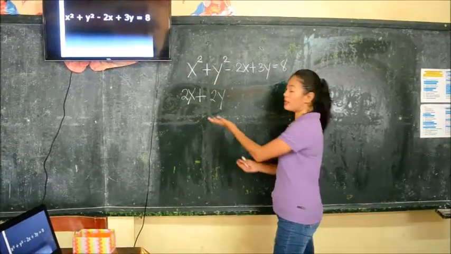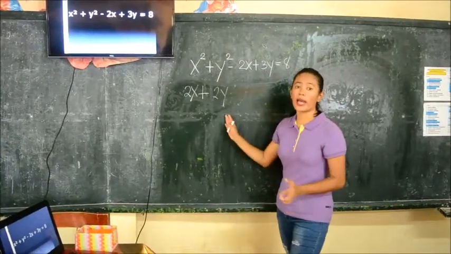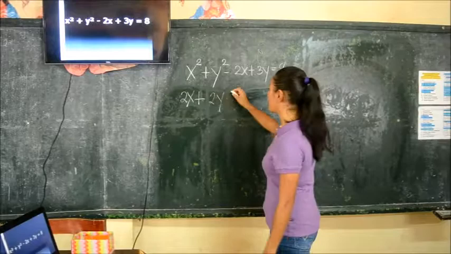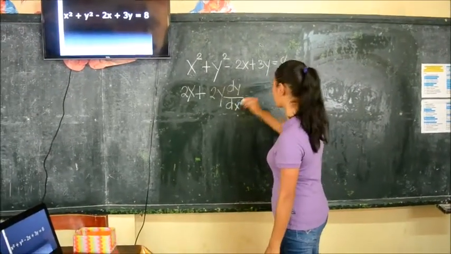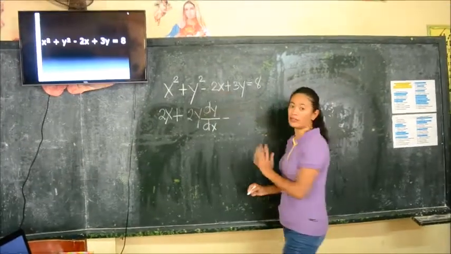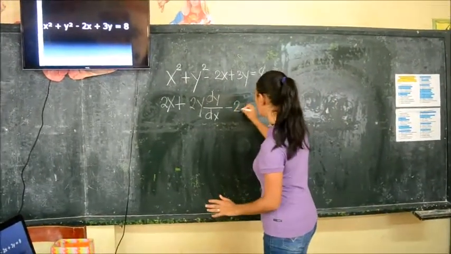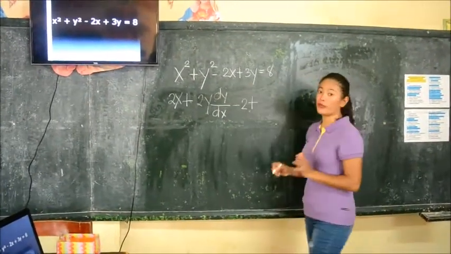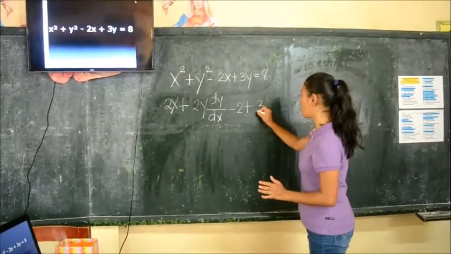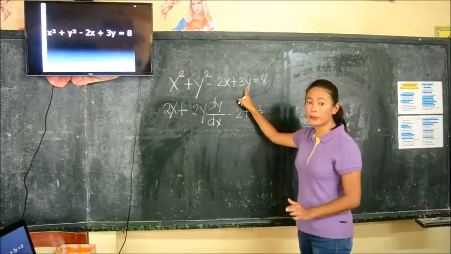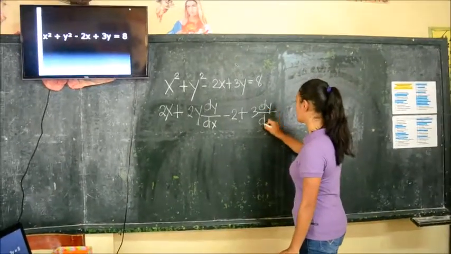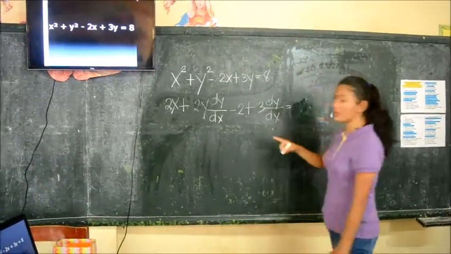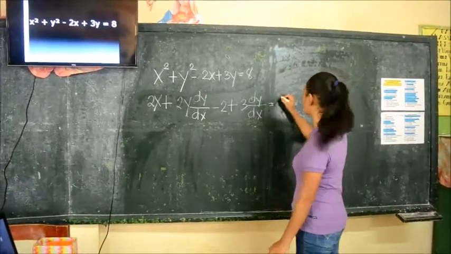Now, if there is a variable y, we must multiply by dy over dx, minus the derivative of 2x is 2, plus the derivative of 3y is 3. Again, variable y, multiply by dy over dx. Now, the constant is automatically 0.